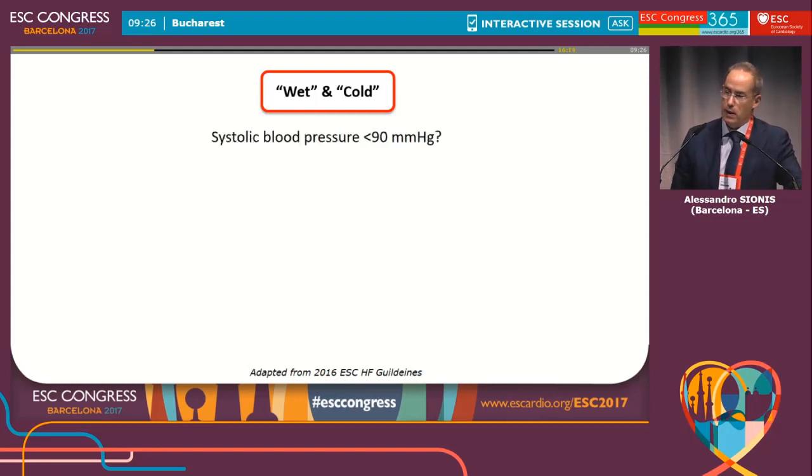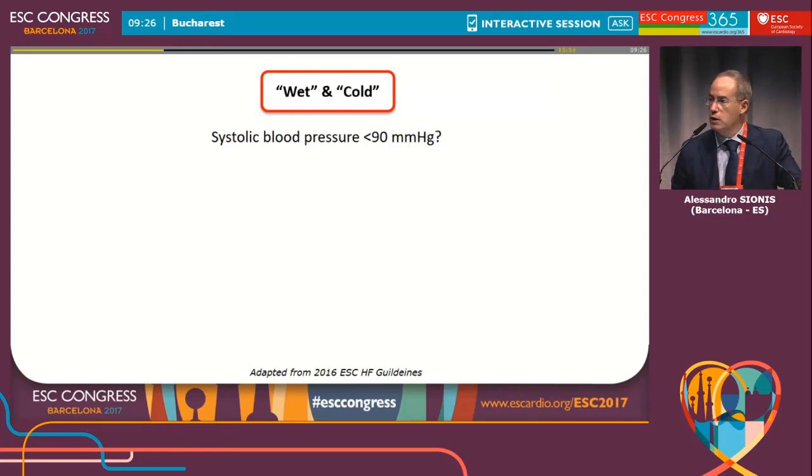And I mentioned this cutoff of 90 millimeters of mercury, and what I like to point out here is that this cutoff of 90 millimeters of mercury is completely arbitrary. You've all seen patients that have a systolic blood pressure of 90 in your outpatient clinic, and they're perfectly fine, they're not in shock.